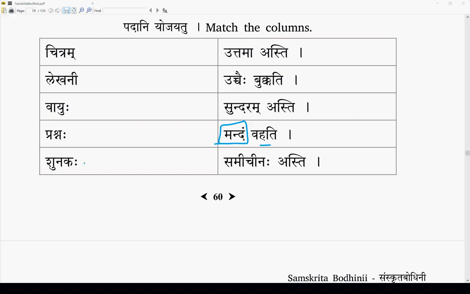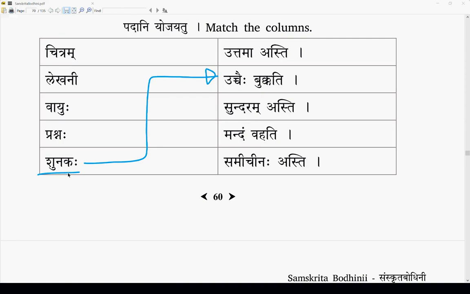Now, if you take another example like Shunakaha, in this case, what happens? What is shunakaha? Is it namapadam or kriyapadam? Shunakaha is namapadam. Which is the kriyapadam here? Bukkati. Bukkati is kriyapadam. And what is uchchaihi?